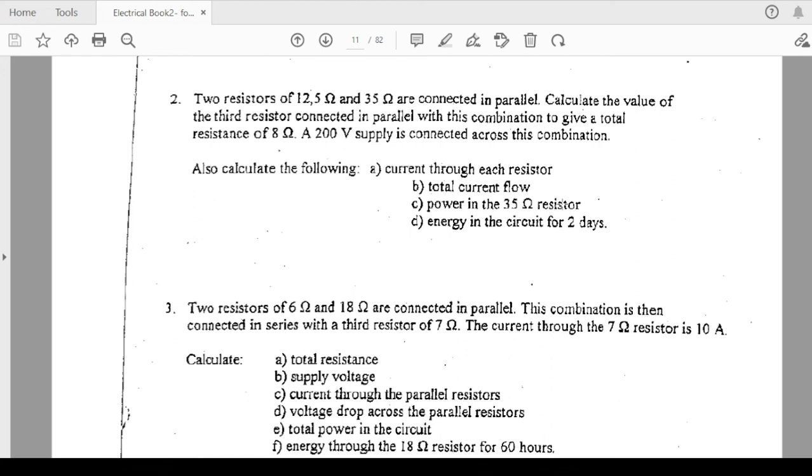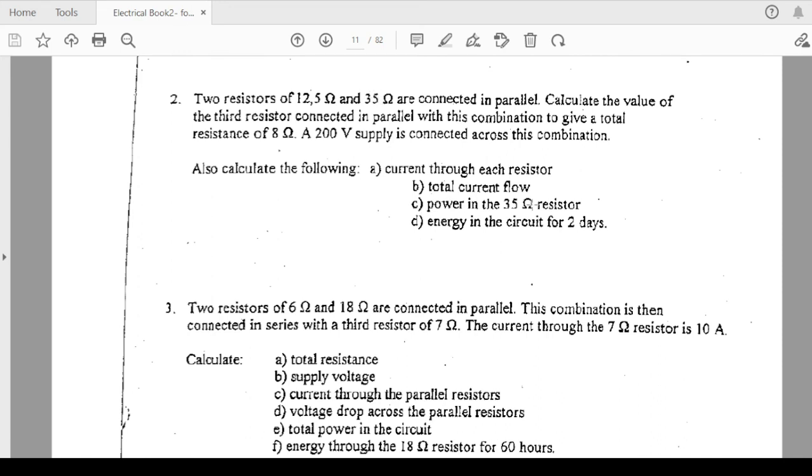Any question? No. Okay, so the last one is power in the circuit. When they say power in the 35 ohms resistor, they are specifically wanting the power consumed by this resistor. Use those formulas for power, but if you use I squared times R, you use I going into 35, which is the second current, times 35.